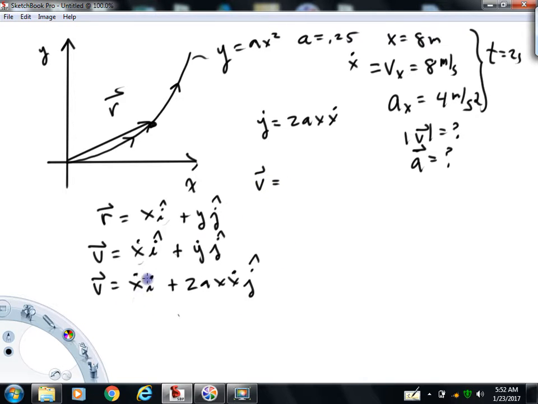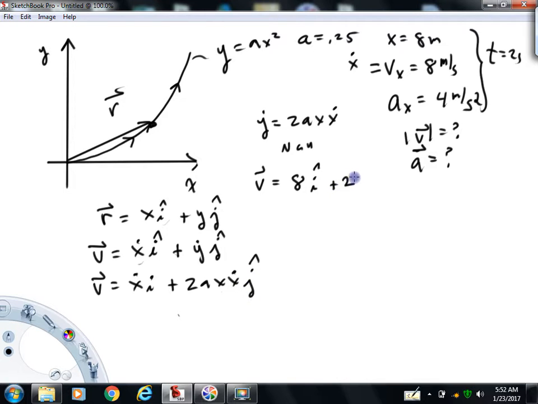So our velocity is going to be, x dot i is going to give us 8, and I'm going to put NCU for notes consistent units. That's 8 meters per second i plus 2ax x dot.